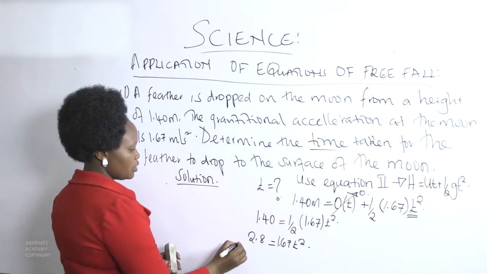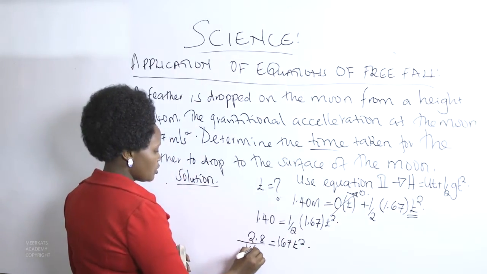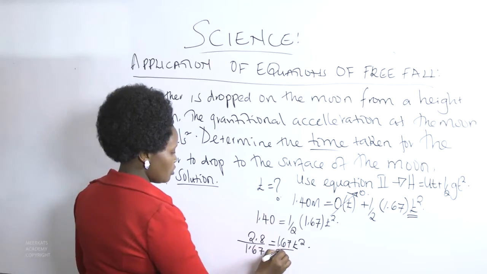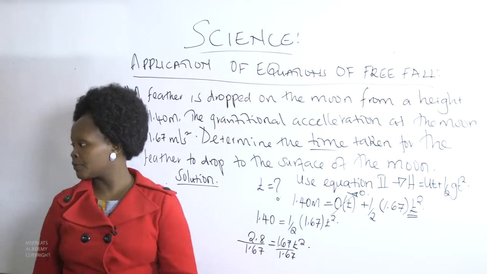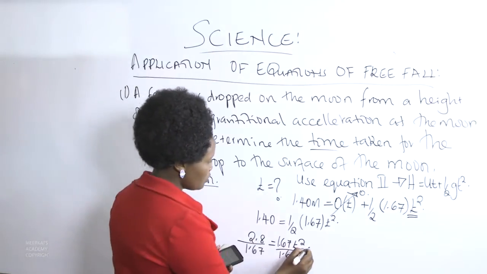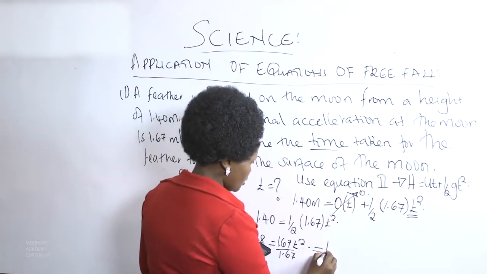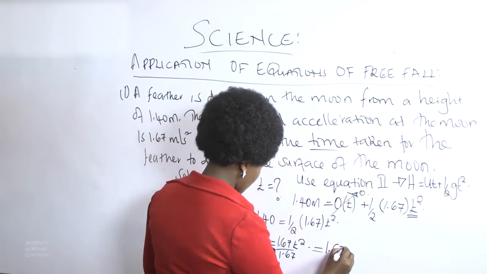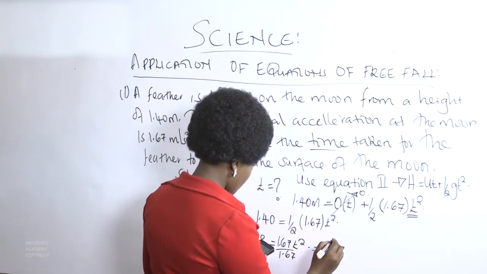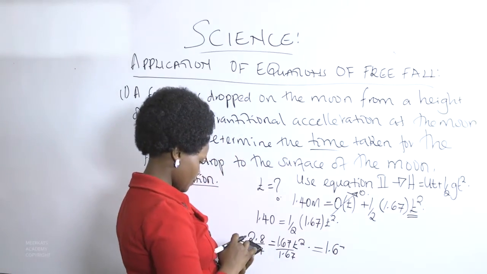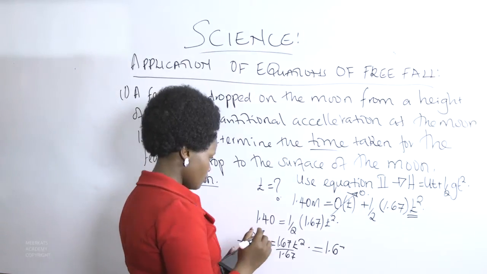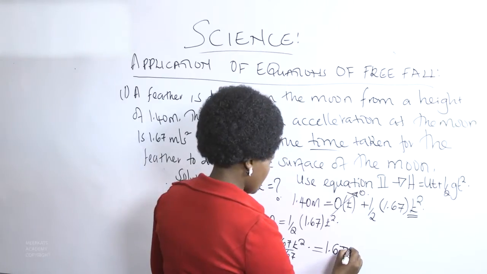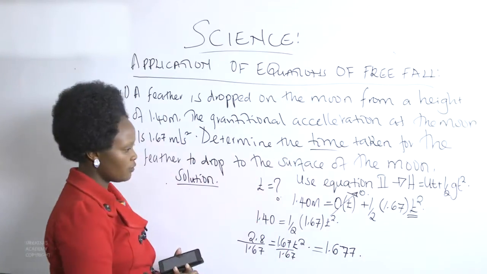We want to get t, so we divide by 1.67 on both sides, which is going to give us 1.677.